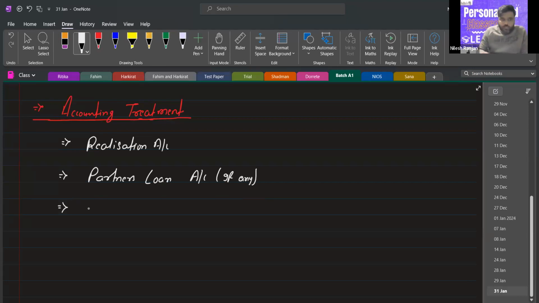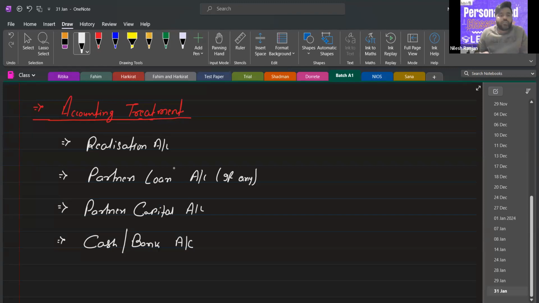The third is the partners capital account. And the fourth one is the cash or bank account. These four accounts we prepare.